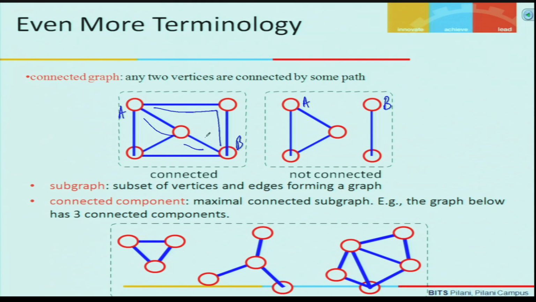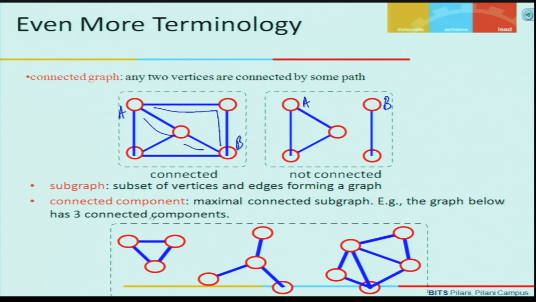A subgraph is just a subset of vertices and edges forming a graph. So, given a graph, you take a subset of vertices and the corresponding edges, that becomes a subgraph. And for a graph which is not connected, we have what are called connected components.